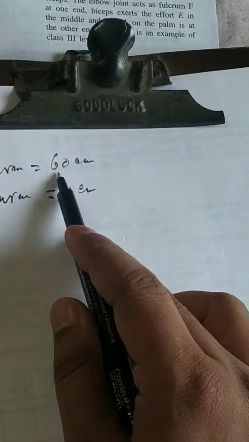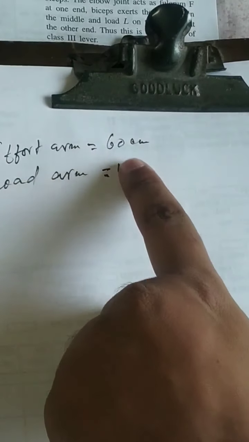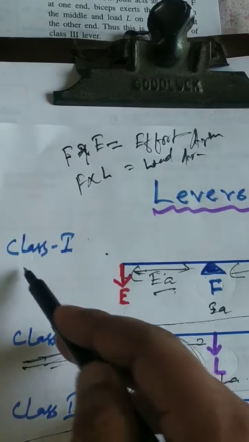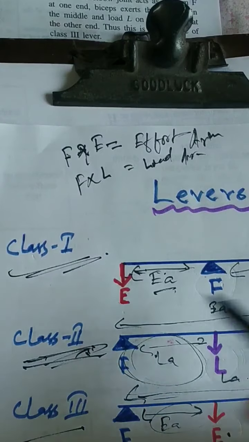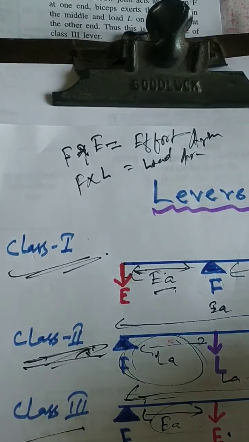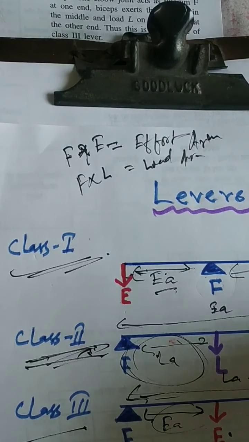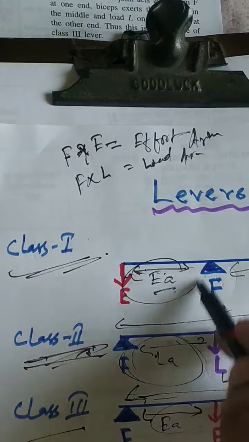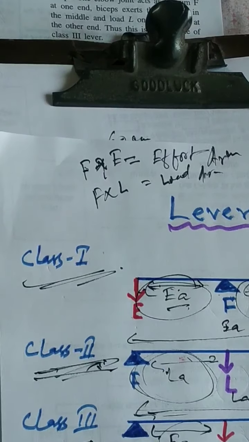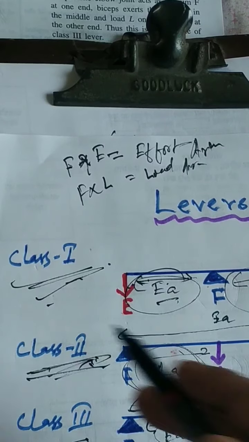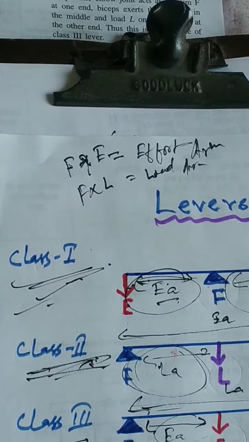Here effort arm is given 60 centimeter and load arm is given 4 centimeter. So effort arm is greater, so it may be a second class lever or first class lever, because in all three conditions mechanical advantage can be greater than, equal to, or less than 1. This will vary in all cases. If you want to see it in detail, go through the previous video, where I have explained it in detail.